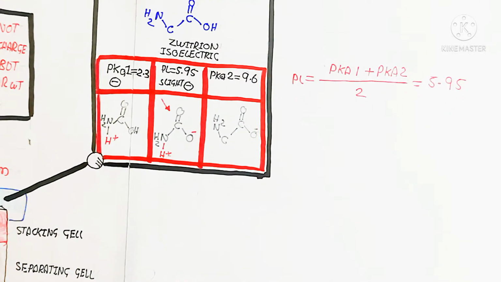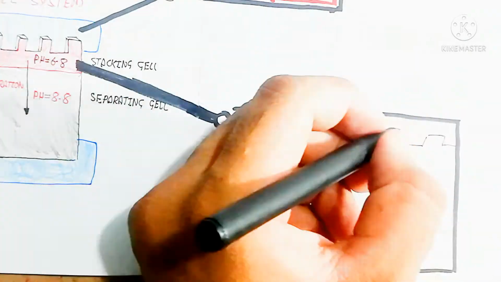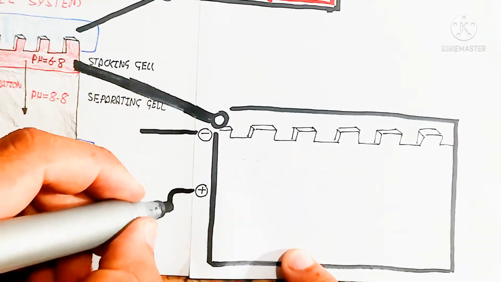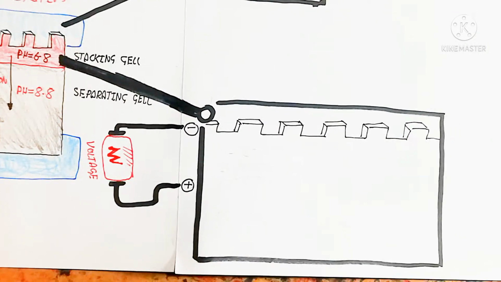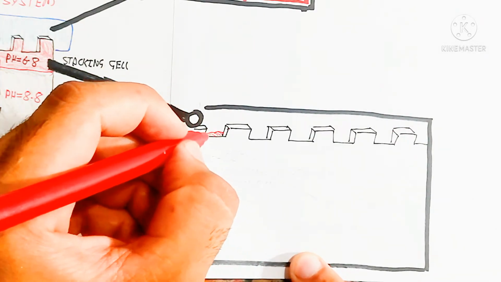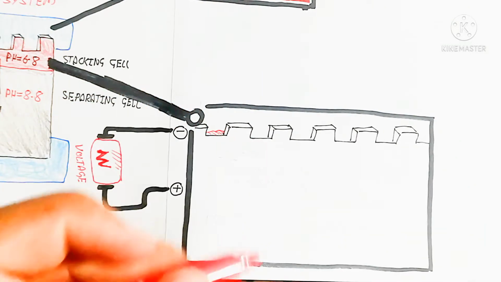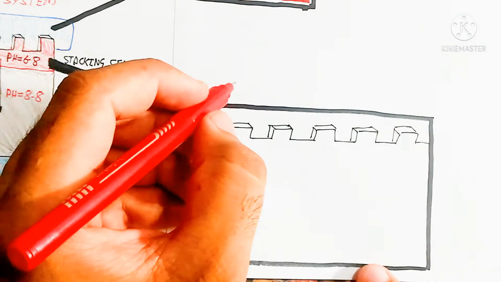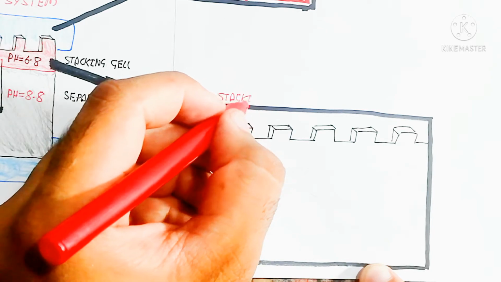When the protein moves into the stacking gel, which has a lower pH of 6.8, it then goes further down into the separating gel at pH 8.8 to maintain it. So that means it moves toward the 8.3 pH again, and this helps the migration.